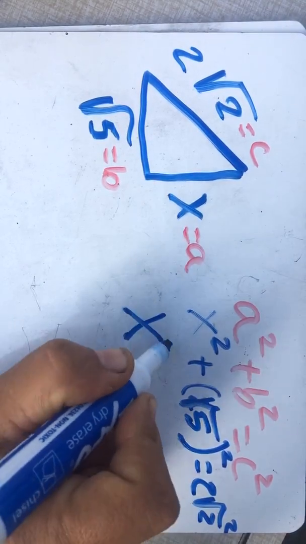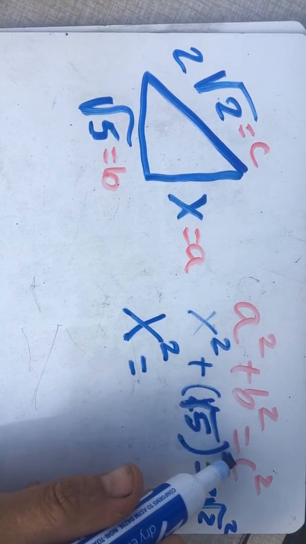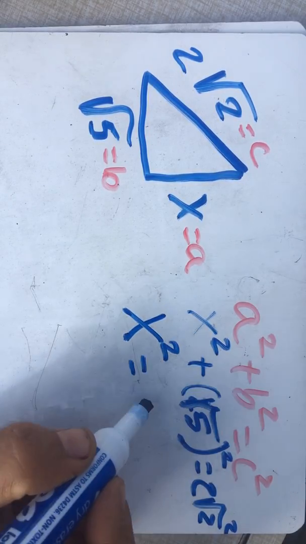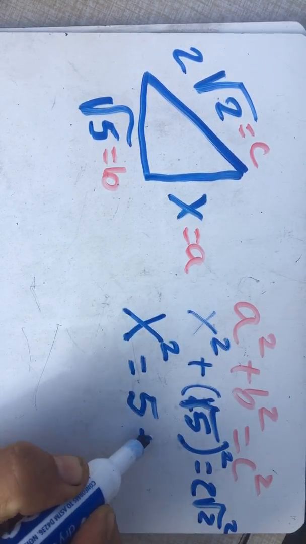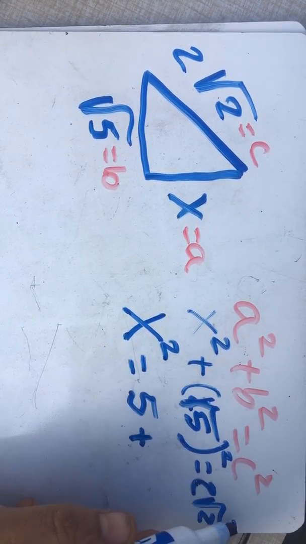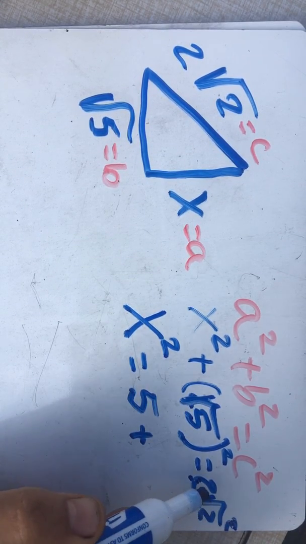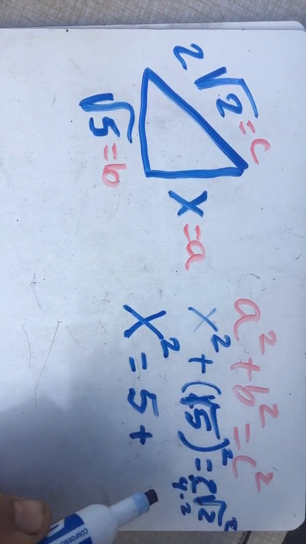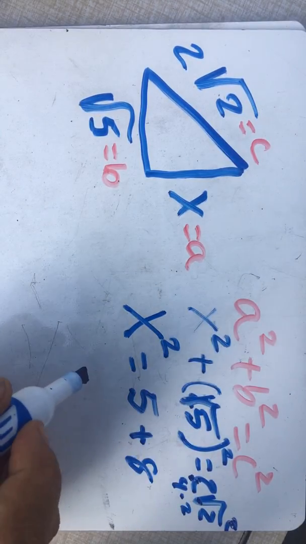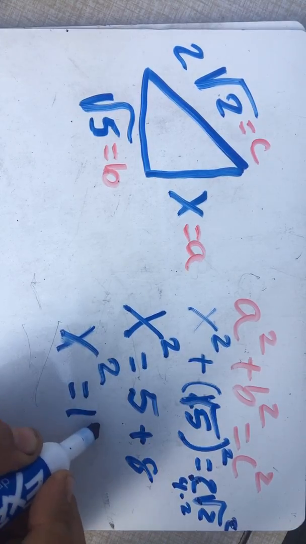So then you get x squared, which hasn't changed, but this radical 5 and this 2 cancel out, so you're left with 5. And then 2 squared is 2 times 2. That's 4, and this radical and the 2 cancel out, so that's 4 times 2, which is 8. So then the answer to number 1 is x squared equals 13.